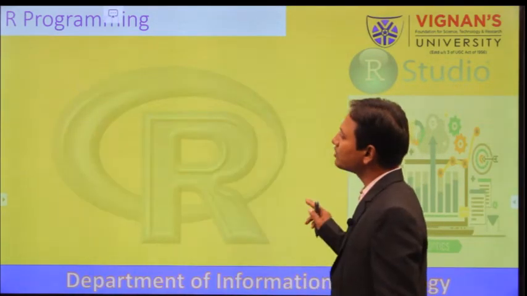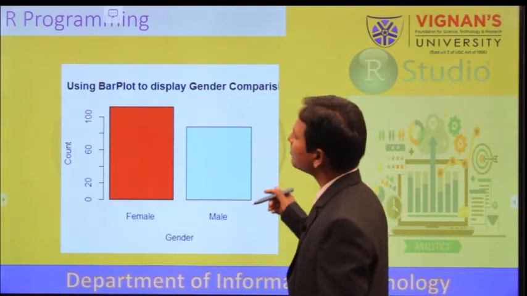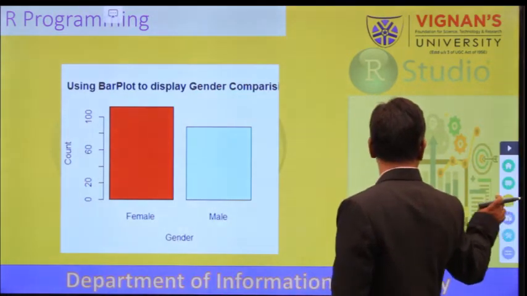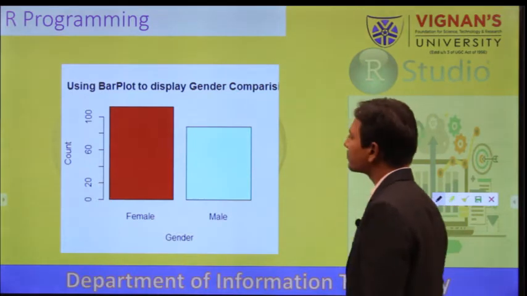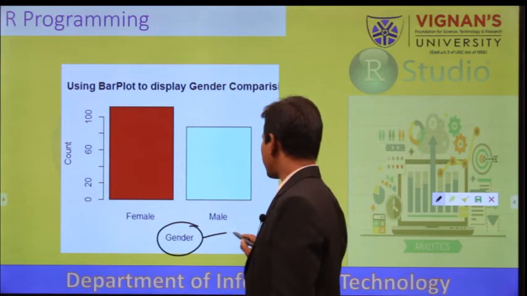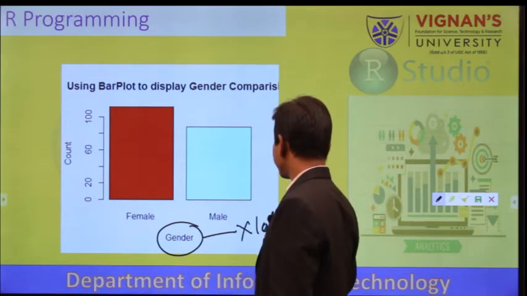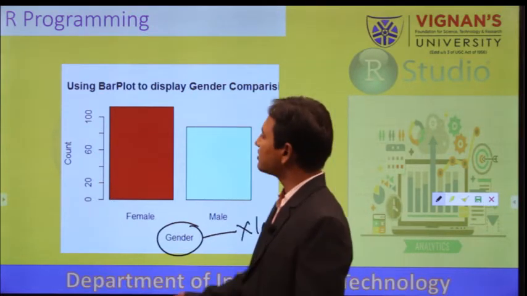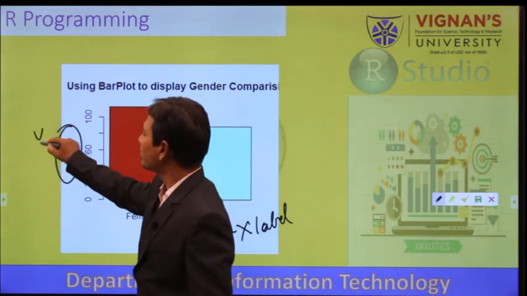And if you see the output, you are going to see it in this manner. Look at this plot. This is the X label and this is the Y label.